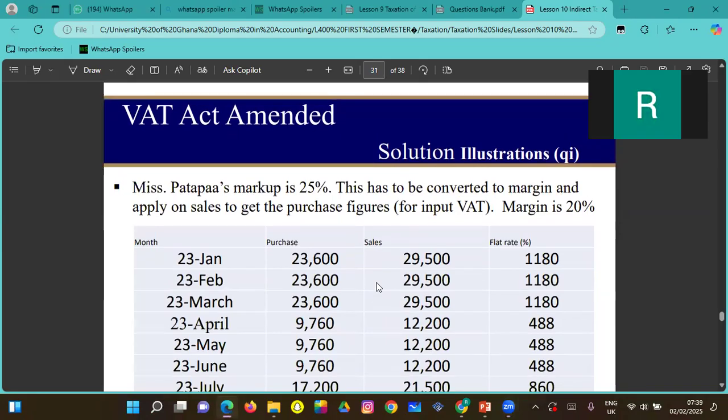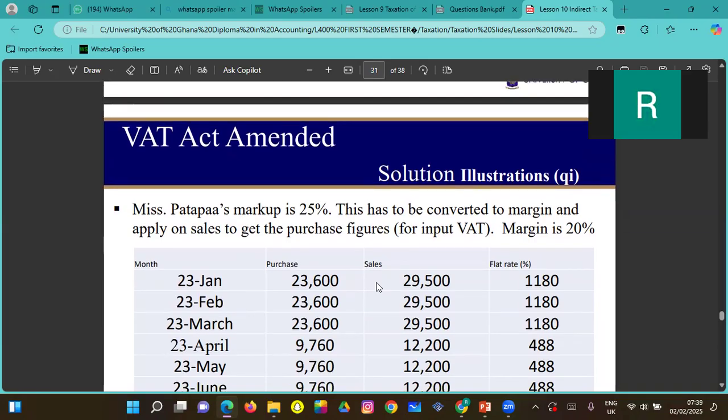So now, what we need to do is to convert the sales, because there will be a form of input and output in here. So what we are going to do is to convert the sales to purchases. Remember, they said the markup is 25%. So if you want to convert markup to margin, this is what it is going to look like.